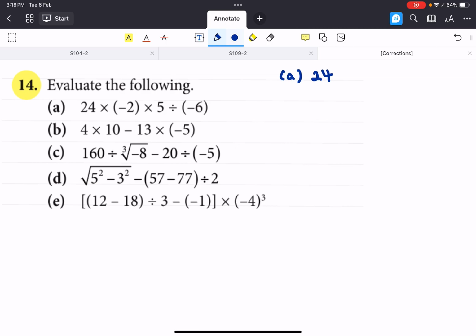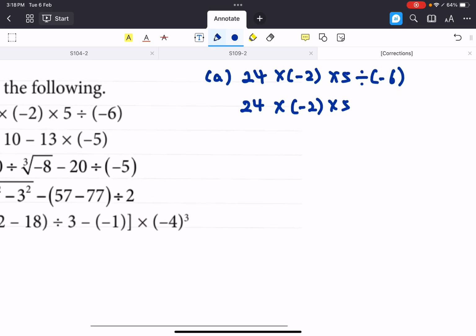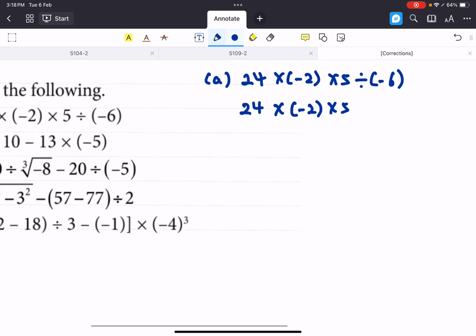We have 24 times negative 2 times 5 divided by negative 6. Dividing by negative 6 is the same as multiplying by negative 1 over 6.